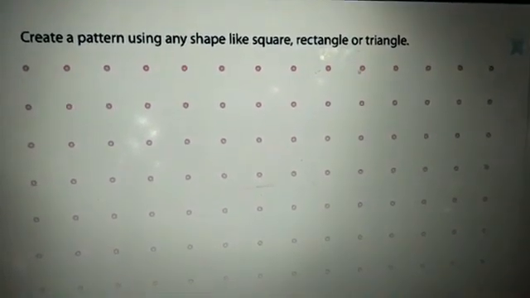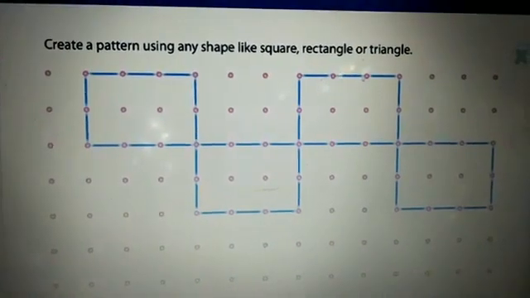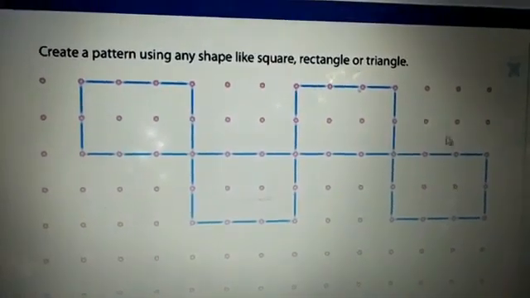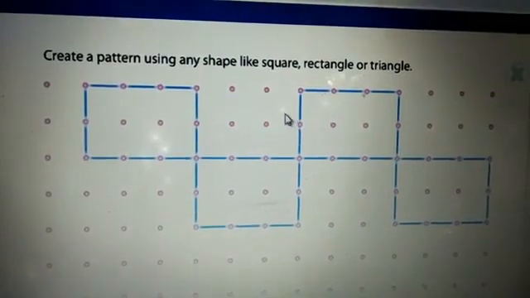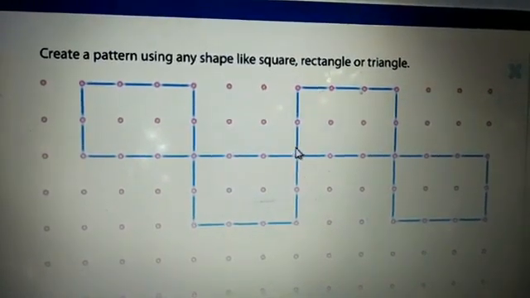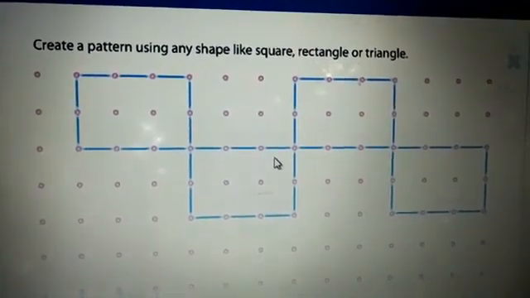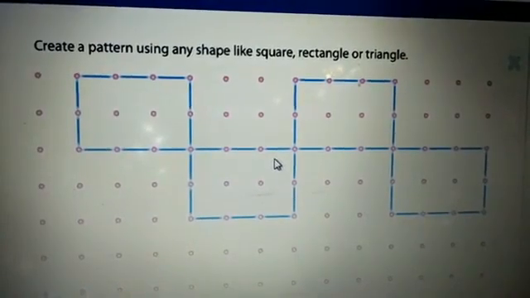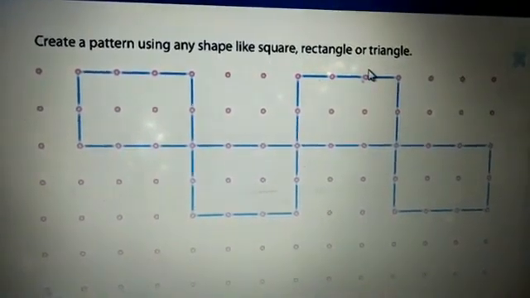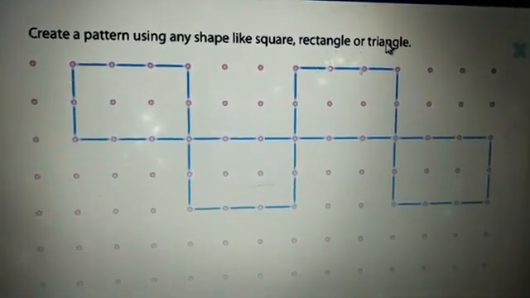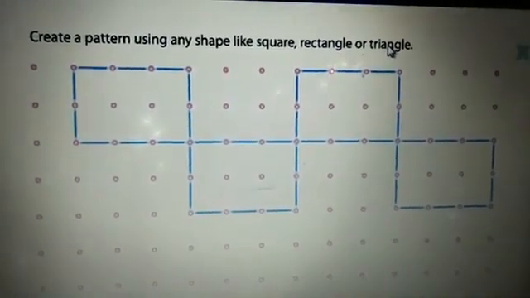I show one example for you. Here they use rectangles, here 3 but here 2, so this is a rectangle. Instead of the rectangle you can take some other figure, square or triangle. Is it clear, children?